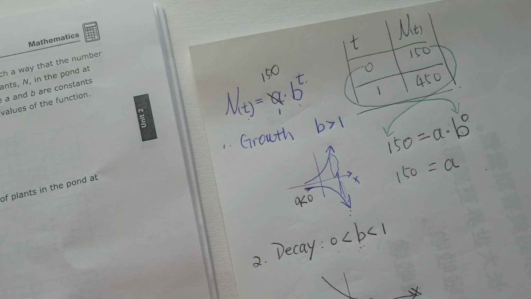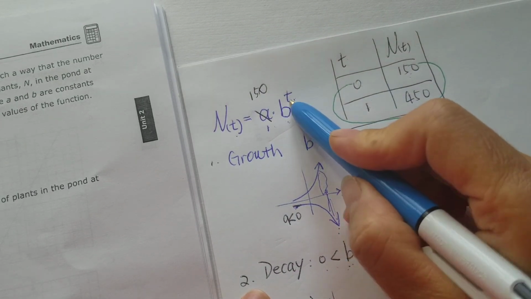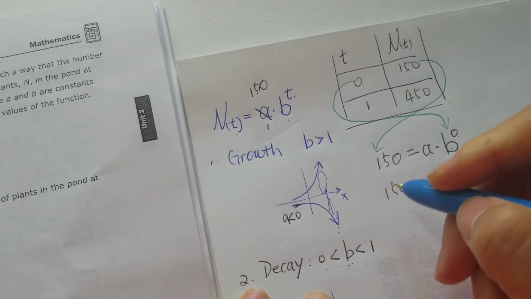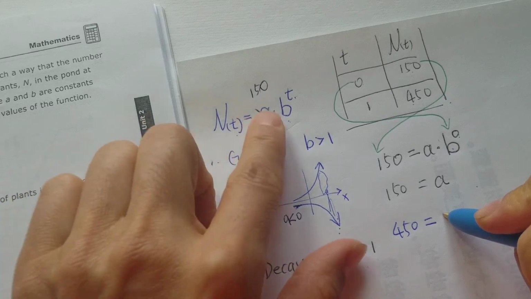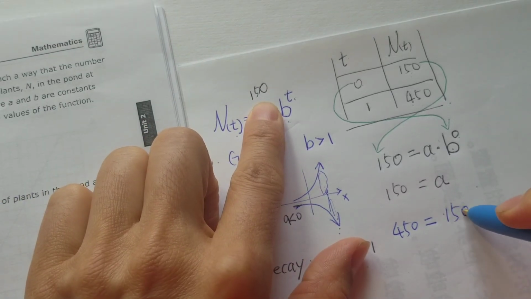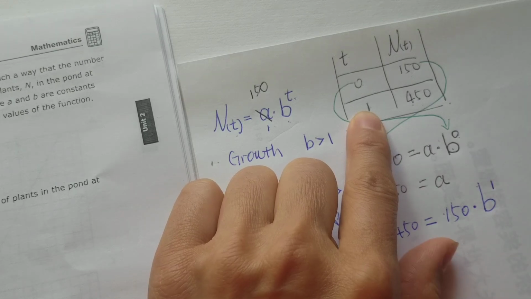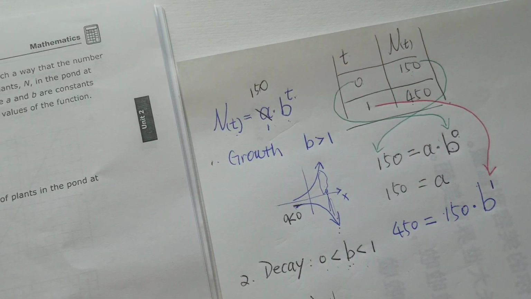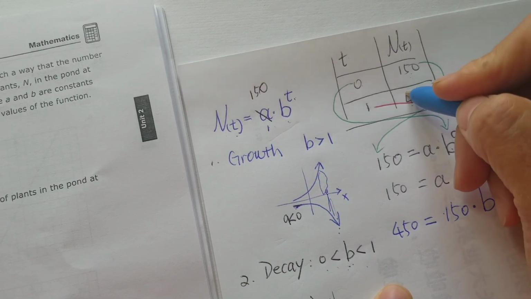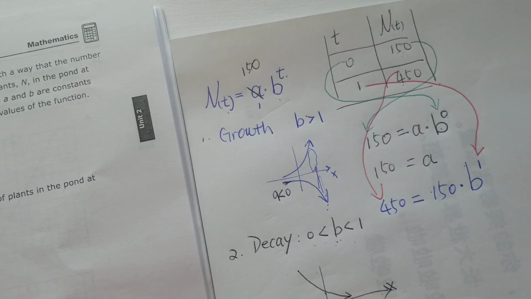Now let's use the second group. If t is 1, N of t is 450. Okay, I know my a is 150. I found it out. b to the power of 1. Here your t is 1, I substitute here. N of t, which is 450, I substitute here.